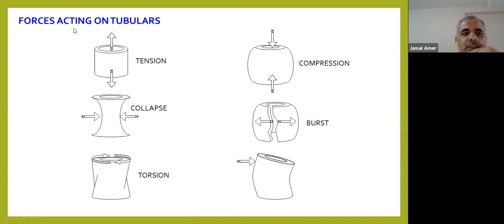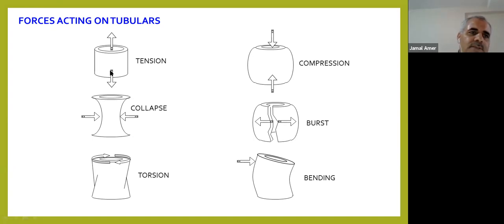Here, forces acting on the tubing or on the casing. We have different forces or loads: tension, collapse, torsion, compression, burst, bending. Mainly these three loads, collapse, burst, and tension, we have to calculate during our casing design, and we have to apply the design factor.